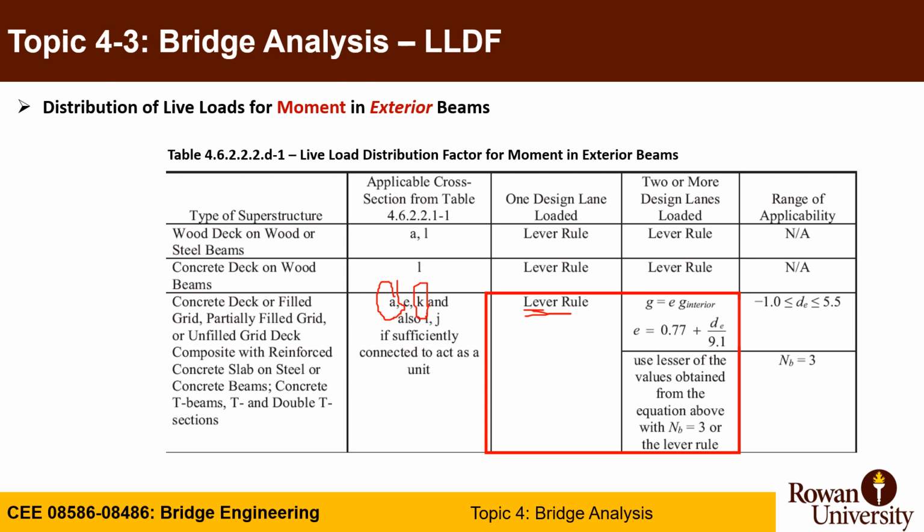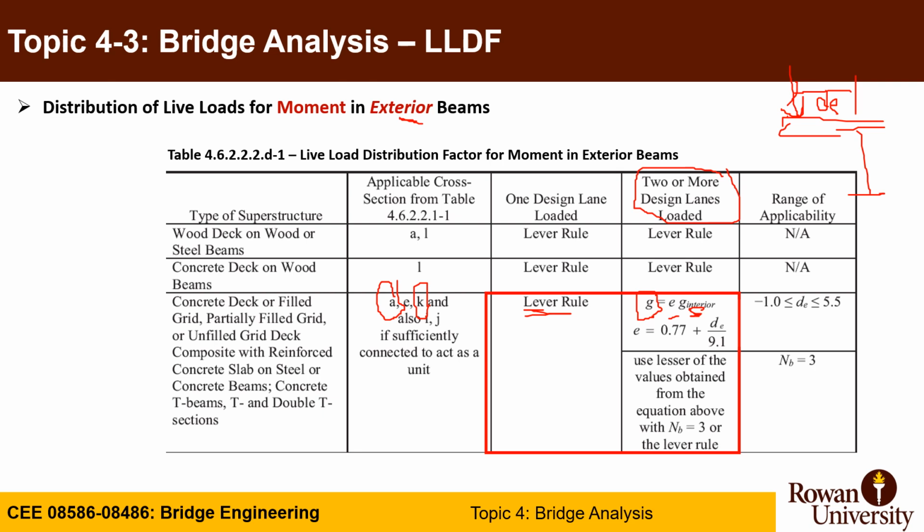If you have two or more lanes, you calculate g, the live load distribution for the exterior girder: you multiply g from the interior girder, which you calculated previously, times e, where e equals 0.77 plus d over 9.1, and d is the distance between the exterior girder to the first axle of the truck.